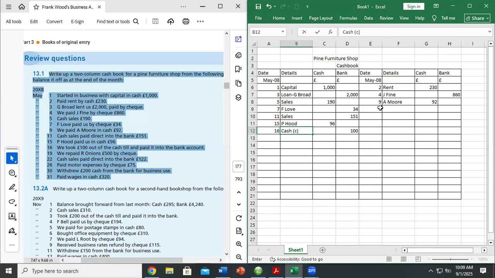Okay. And then you credit your cash on the same date, 16th. This time the details will be bank and we credit our cash, 100. Again, don't forget to put the contra entry symbol.